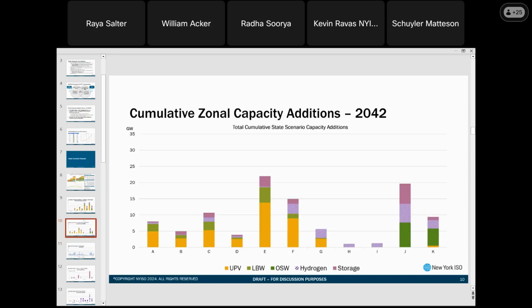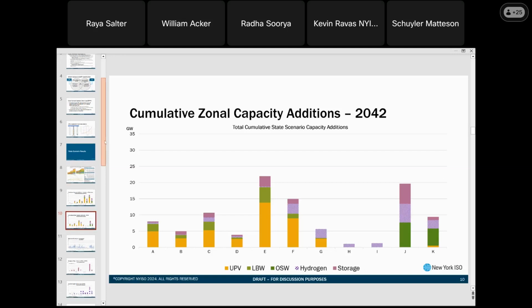Okay, so we are looking at a lot of hydrogen in zone J. I guess my question is, to the extent, I mean, this is basically the plants that say they're going to retire minus, I presume, the peakers that have to retire in 2030, that then just come back as retrofits. So in theory, these plants, I mean, we know where they are, correct? Yes, that's correct.